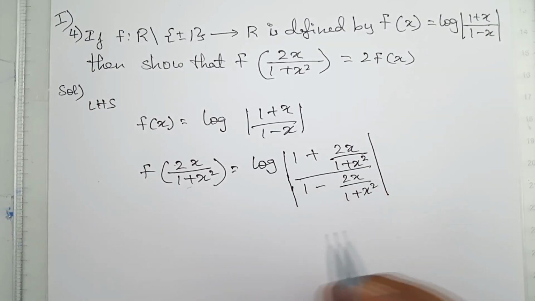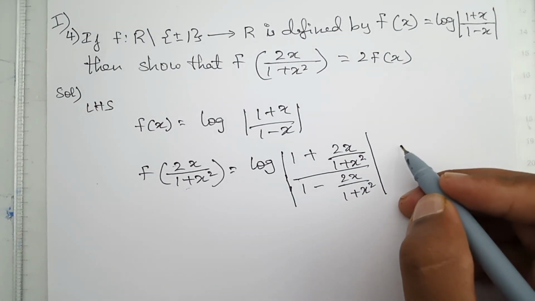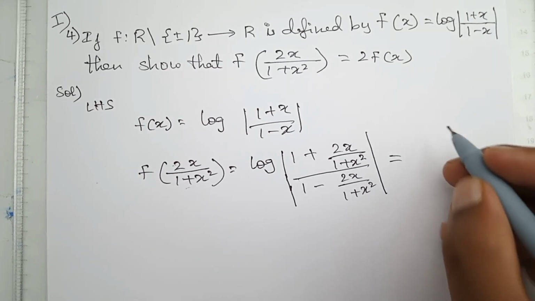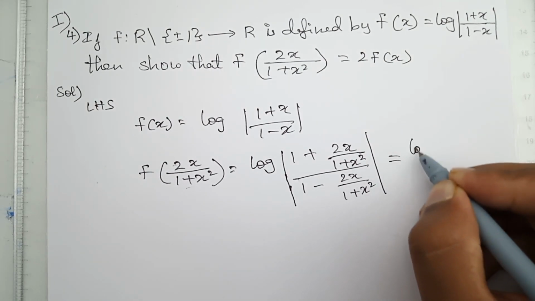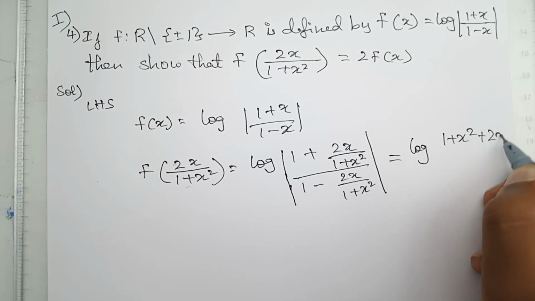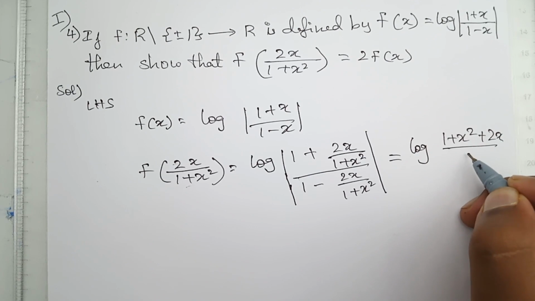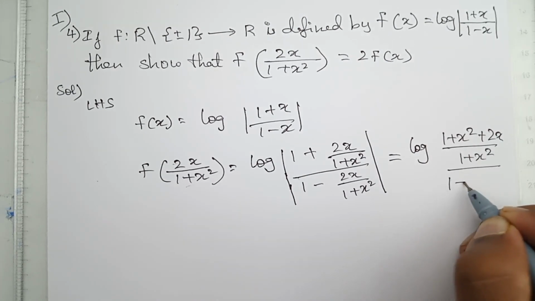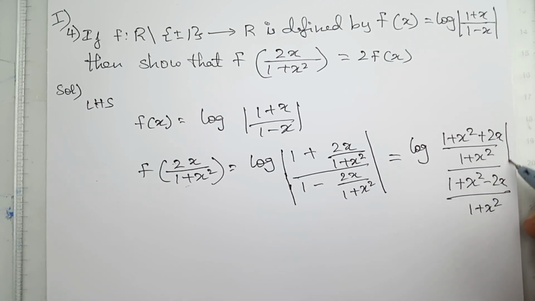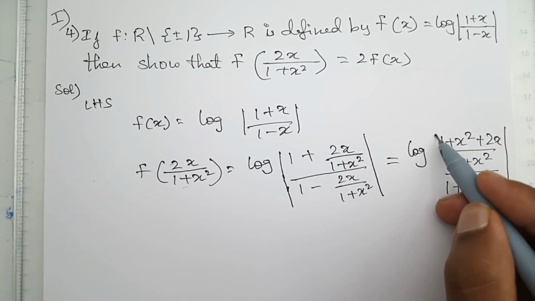Okay, then in the next step we should take LCM in the mod. Log 1 plus x square plus 2x by 1 plus x square by 1 minus 1 plus x square minus 2x by 1 plus x square. Okay, it should be in the mod.